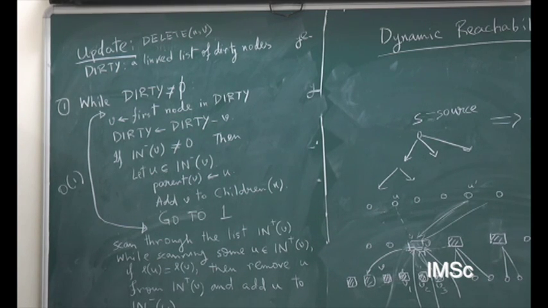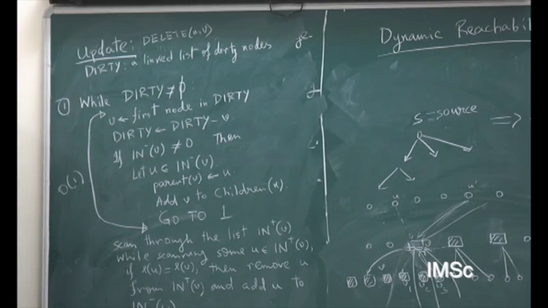When I'm scanning through out of v, for some u in out of v, we adjust in minus of u.